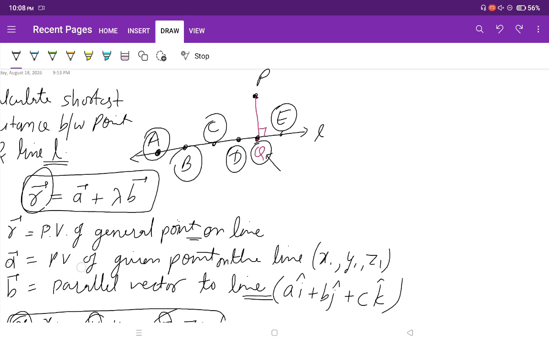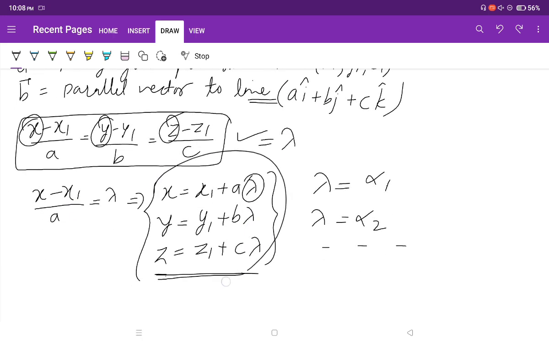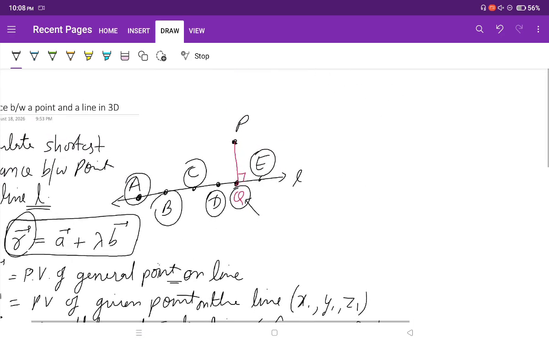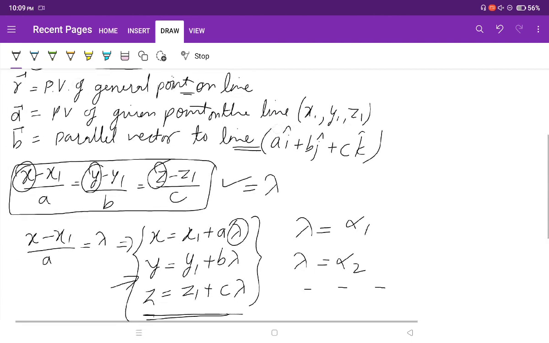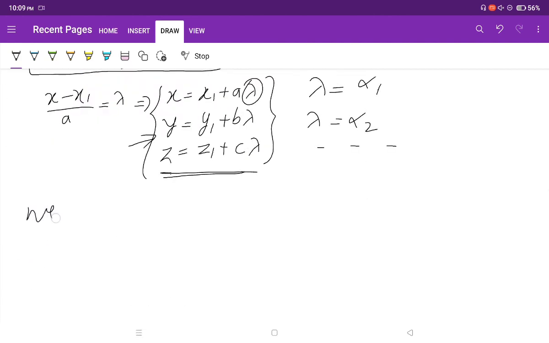Now for this general point to be the point Q, what is the condition we have? We have PQ is perpendicular to L, right? So we have only one condition.